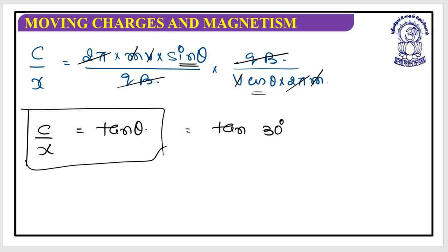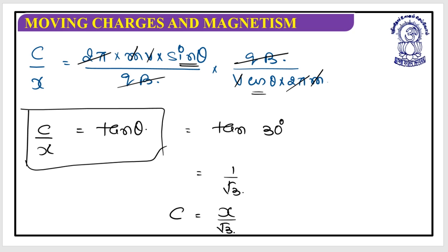If C by x is equal to tan 30 degrees, then I know the value of tan 30. What is it? It's 1 by root 3. So I can write like this: the circumference of the helix is 1 by root 3 times the pitch.